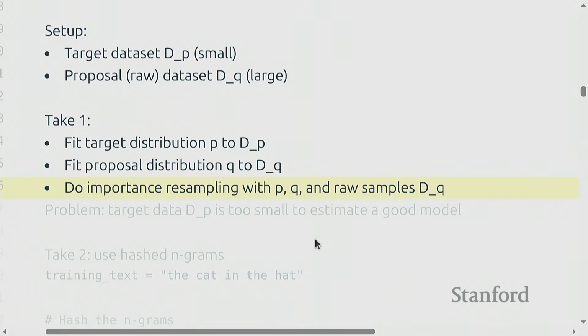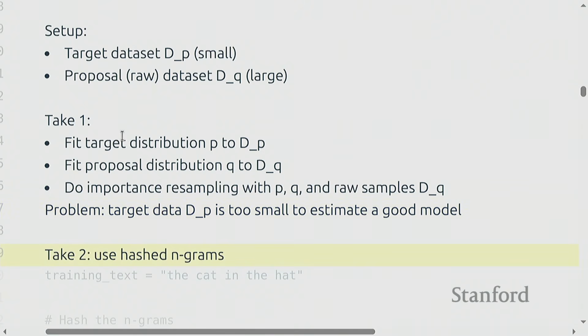Now, the main problem is that DP is really small. Remember, the target distribution is high quality data. You don't have that much of it, which is the whole point; you're trying to get more of it. It's too small to estimate a good model.